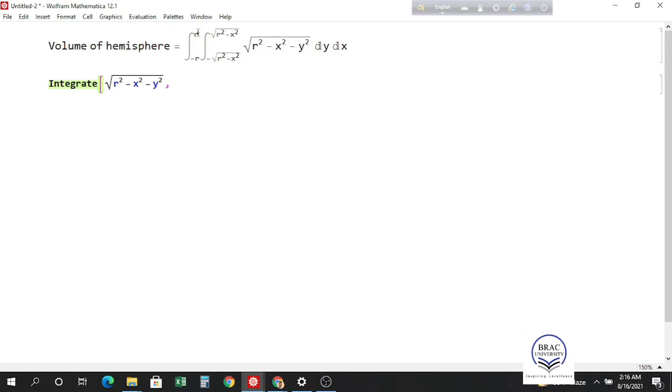When you're using the Integrate function, you have to give the limits in reverse order, from right to left. So you have to give the limit of x first, then the limit of y. Be careful with that.